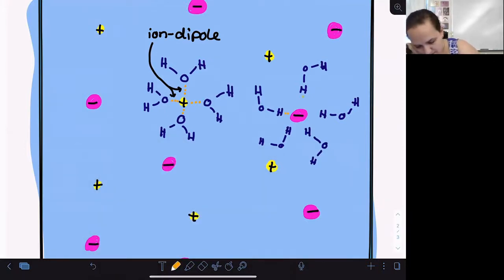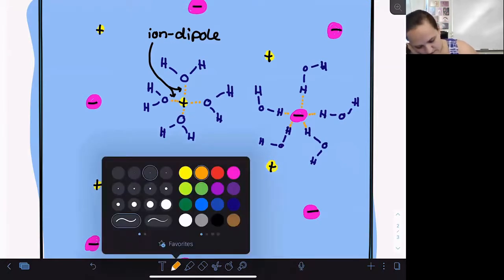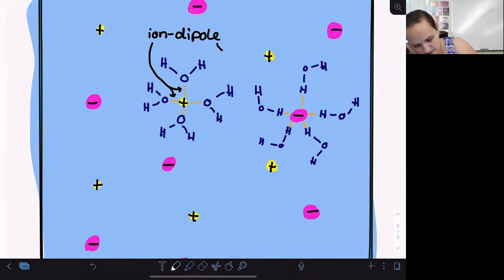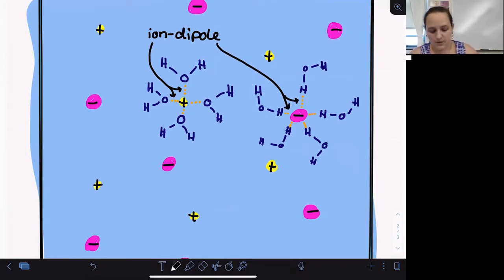And our ion-dipole interactions would be between that anion and those water molecules in here. And we do still also have hydrogen bonding between water molecules.